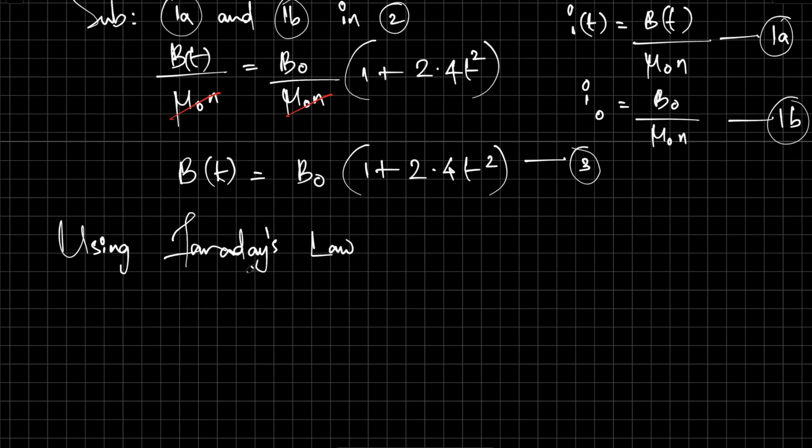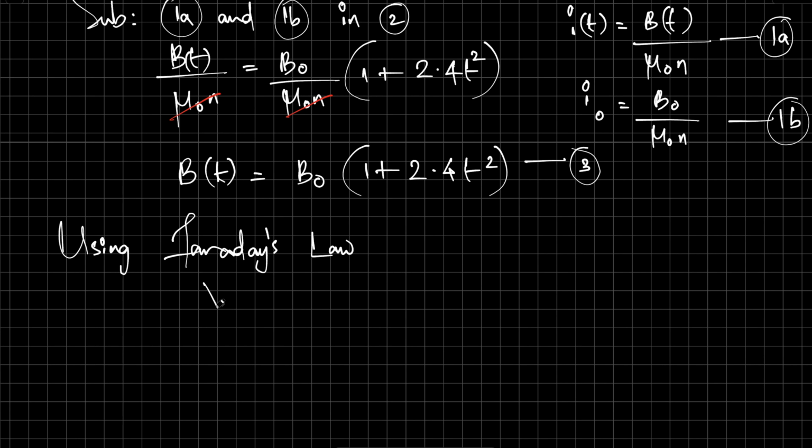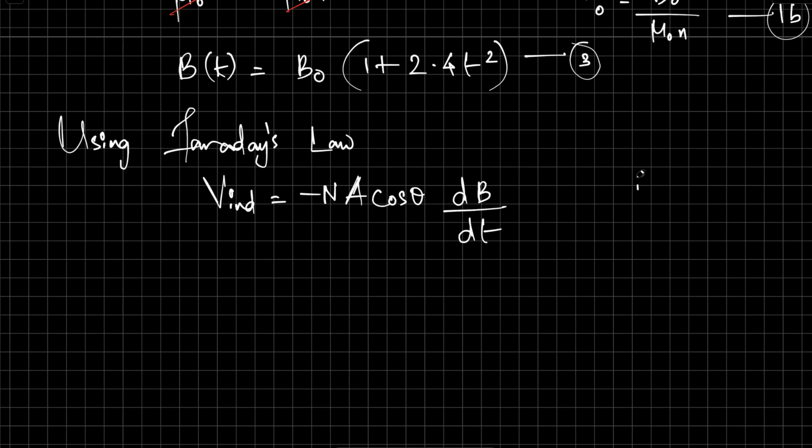In this question, magnetic field is changing, so I'm choosing the first equation, which is V induced equals minus A cos theta dB over dt, since A and theta are constants. But we have multiple windings, so I'm multiplying this equation with N: minus N A cos theta dB by dt. N is 200.